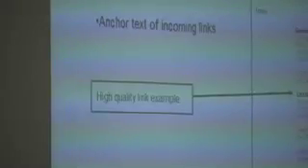Okay, so once you have your on-page optimization in place, we have off-page optimization, and this is one of the things that has made Google really the giant in the search industry.